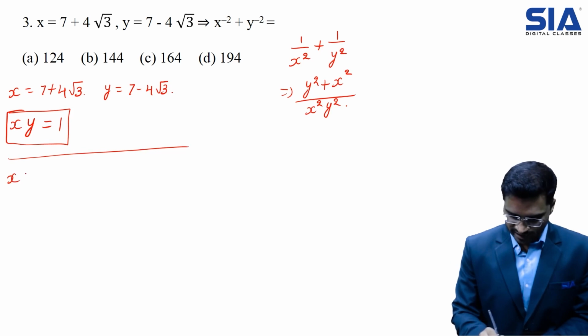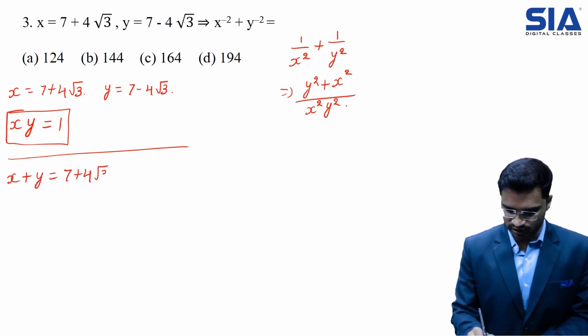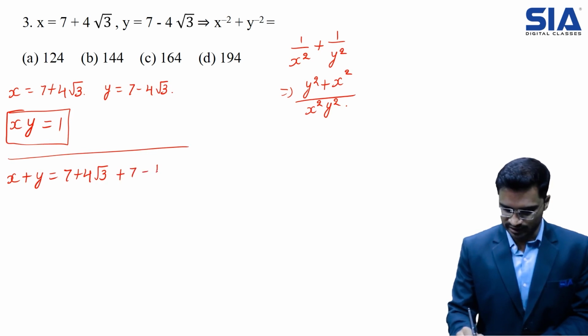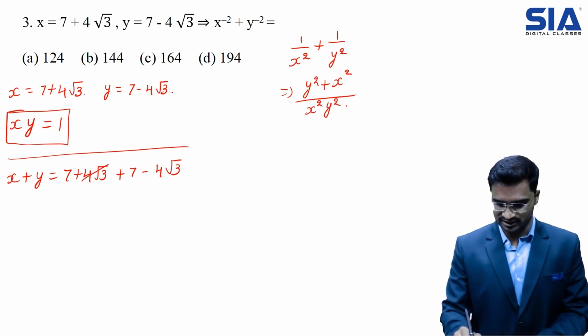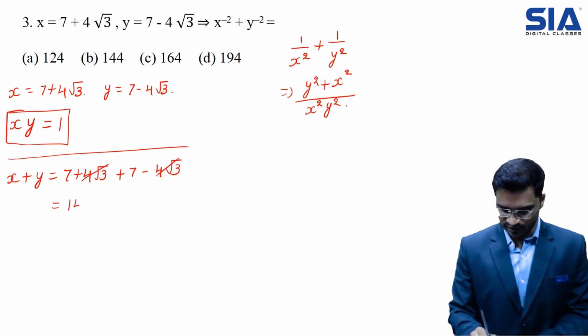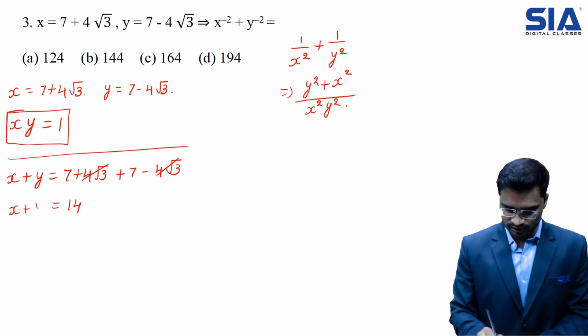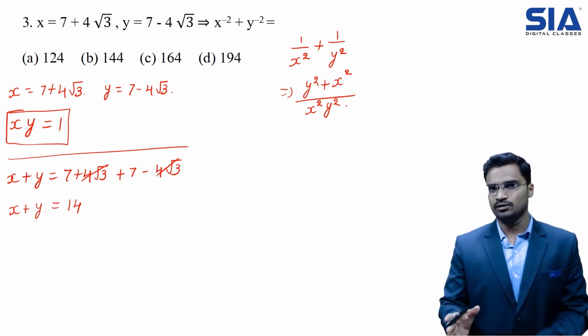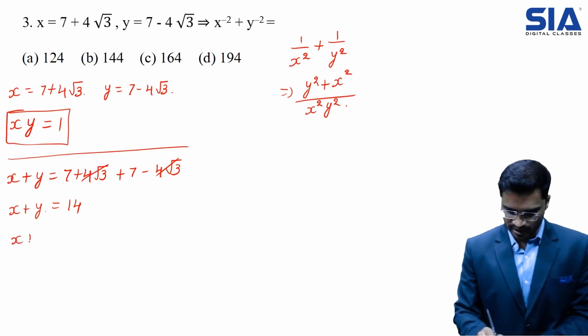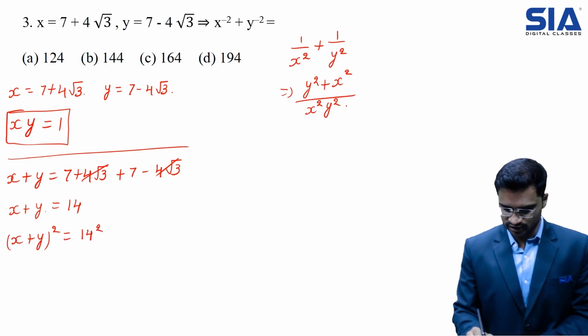Now x plus y is equal to 7 plus 4 root 3 plus 7 minus 4 root 3. So plus 4 root 3 and minus 4 root 3 get cancelled. So x plus y is 14. Now let us square it on both sides. So x plus y whole square is equal to 14 square.